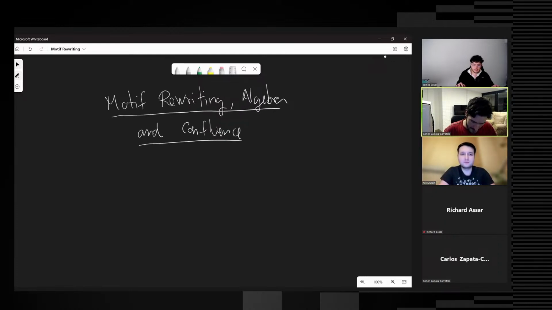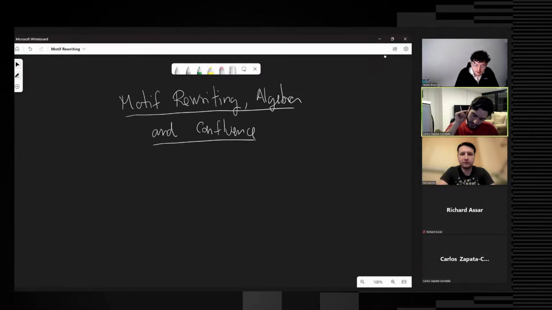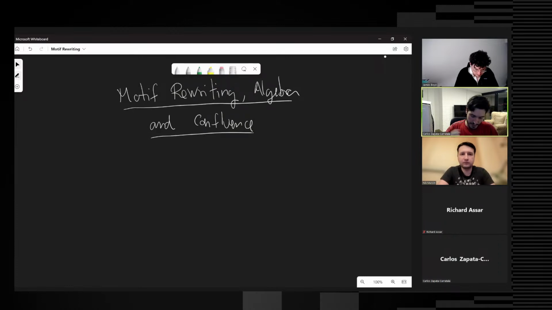So you will see that the main objects here are going to be labeled hypergraphs. We're going to be working with labeled hypergraphs, and we're going to be doing motif rewriting, and we're going to encounter algebras out of this particular system of doing rewritings, and then we're going to see some properties of these algebras in connection to some properties of the rewriting.